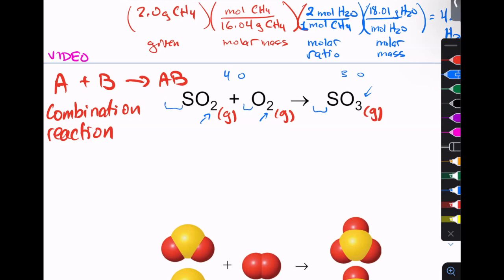Now, if I were to put a coefficient in front of the SO3 to try to adjust the oxygens, because I have 3 on the right-hand side, that's going to mess up the balancing that I already have for the sulfurs. Ideally, you want to try to only adjust those compounds that only have that element in it that need to be adjusted, if you can.